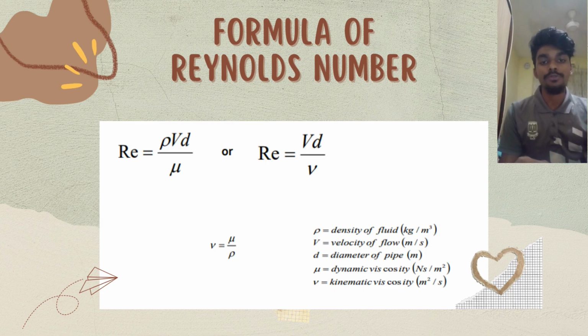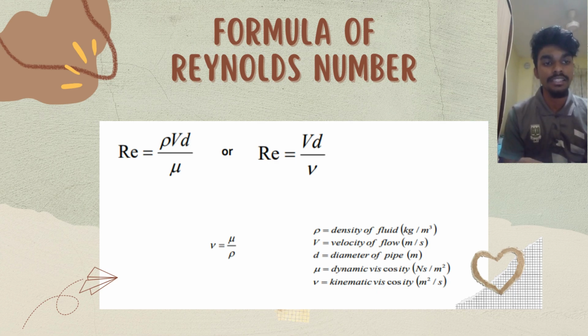Before that, I would like to introduce the formula of the Reynolds number. The Reynolds number equals rho times V times D over mu, the dynamic viscosity, or equivalently V times D over nu.